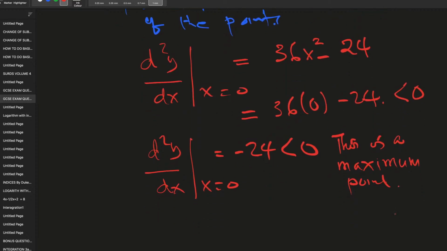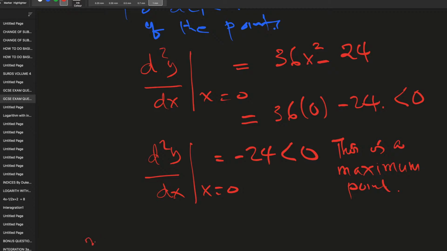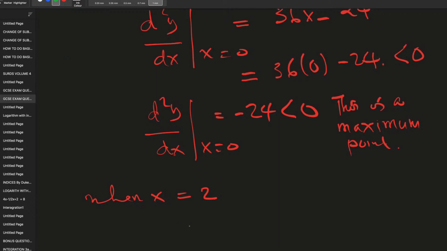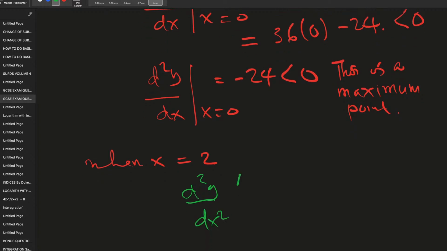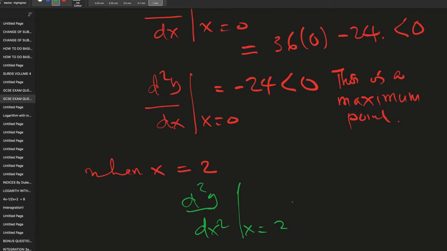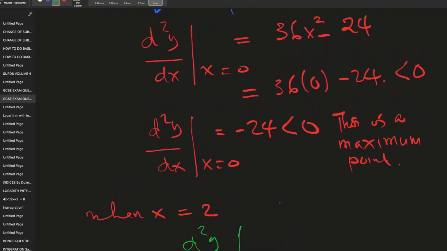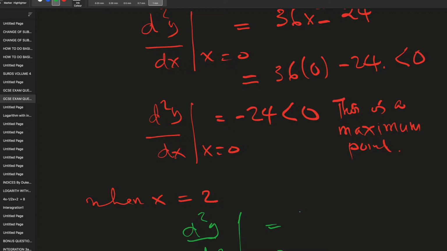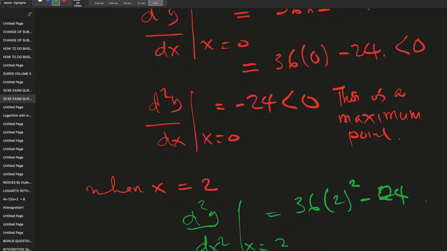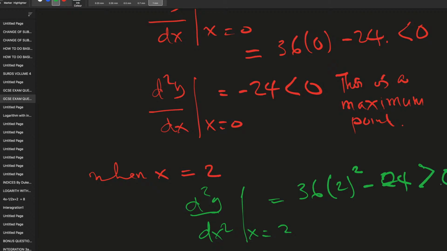Also, when x equals 2, the value of the second derivative is 36 times 2 squared minus 24, and this value is greater than 0.